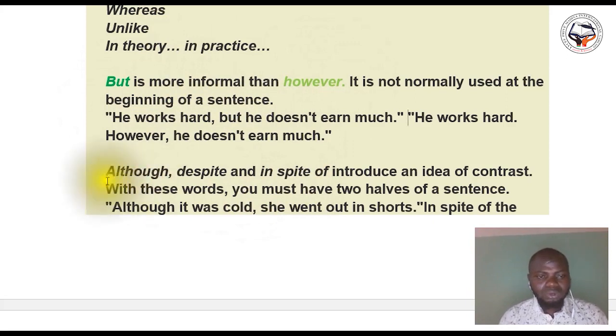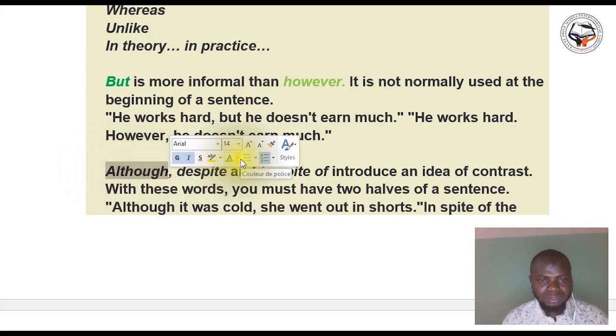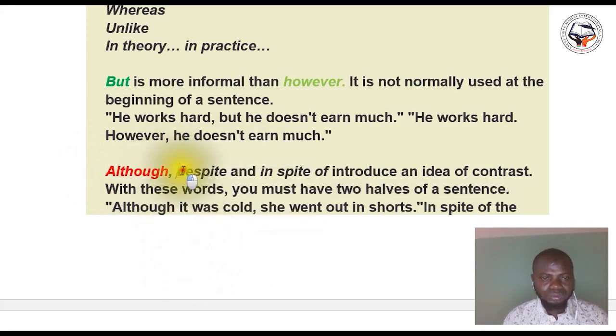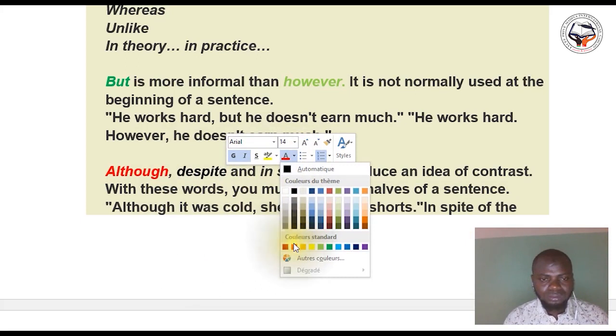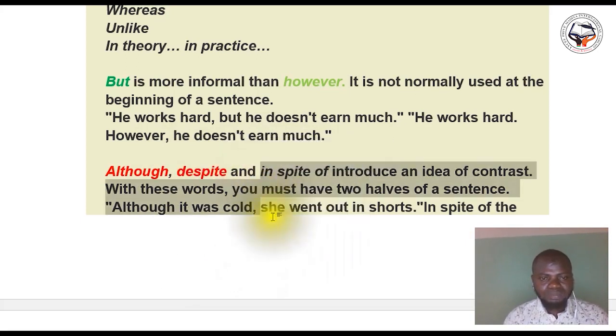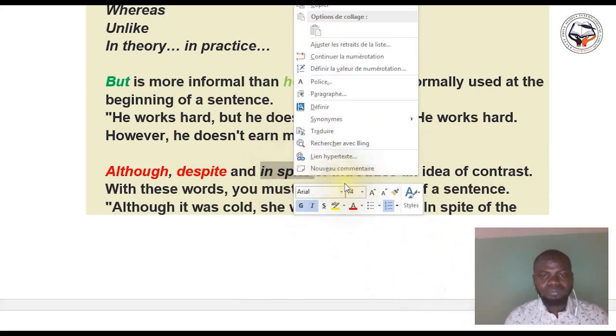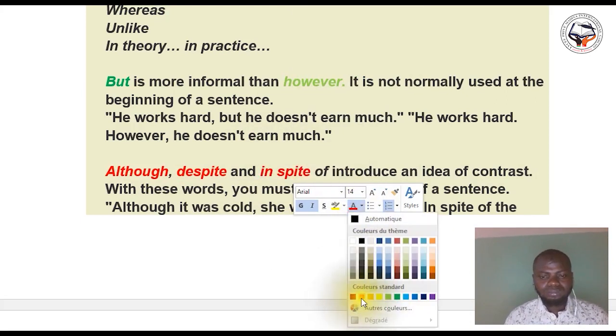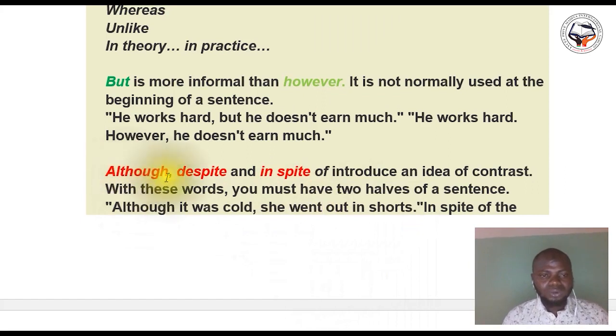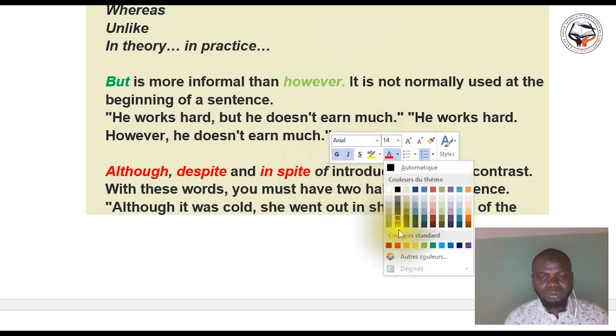Although, despite, and in spite of introduce an idea of contrast.